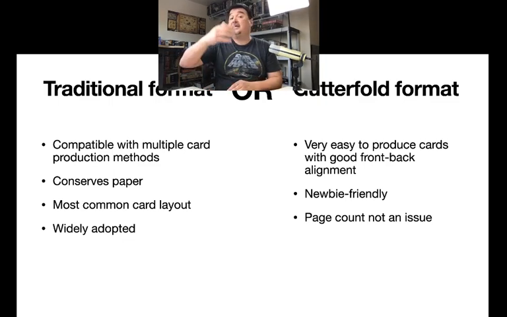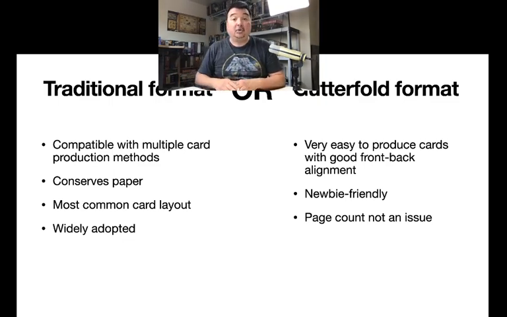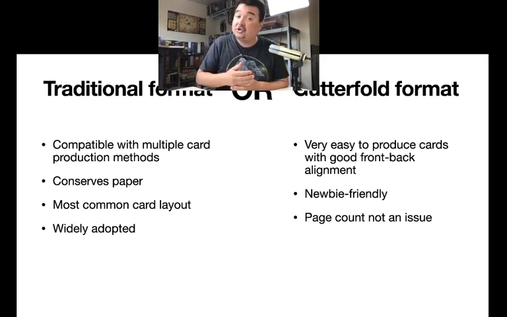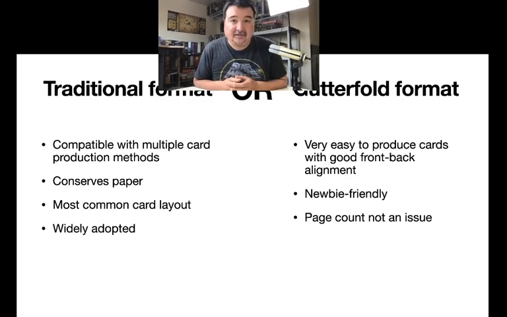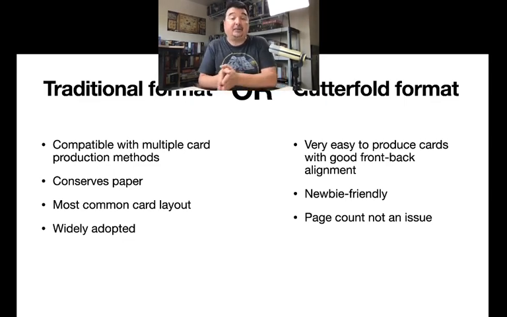If you really want to take it to the next level, you could deliver your game in both formats, traditional and Gutterfold. There are a couple of exceptional companies that do this, like Gamelyn Games, the makers of the Tiny Epic series. All of their print and play versions of their Tiny Epic games are delivered in traditional format and what they call ORC PNP, which is really their term for the Gutterfold format.